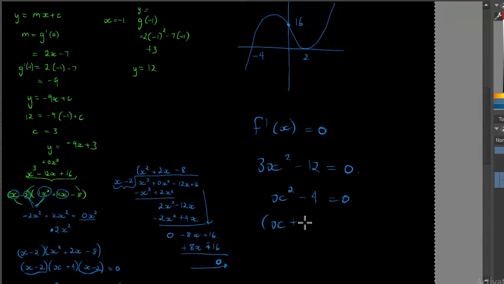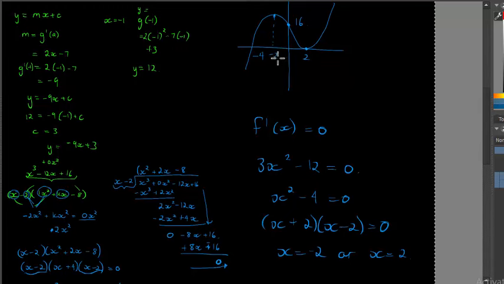So (x + 2)(x - 2) = 0, so x is equal to -2, or x is equal to +2. And now I already know that x = 2 is a turning point because of the root of multiplicity. That means it has to be a turning point. So there is already my turning point, and then the other turning point is there.